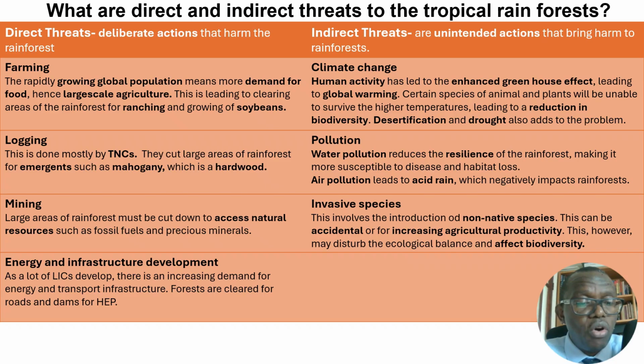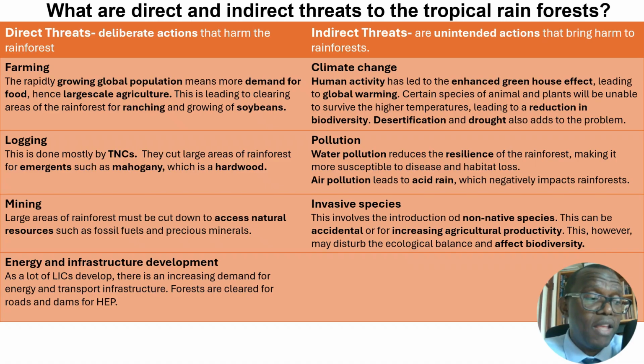Now, as a lot of LICs develop, there's an increasing demand for energy and transport infrastructure, and the forests are therefore being cleared for roads and for energy in the form of hydroelectric power stations. Now those hydroelectric power stations normally take up very large areas of the rainforest, and obviously when you clear down the trees, that does not necessarily have a good impact on the rainforest.